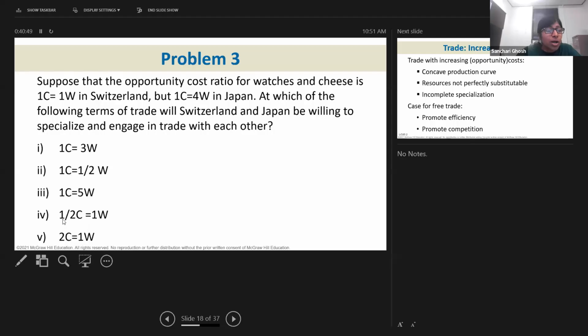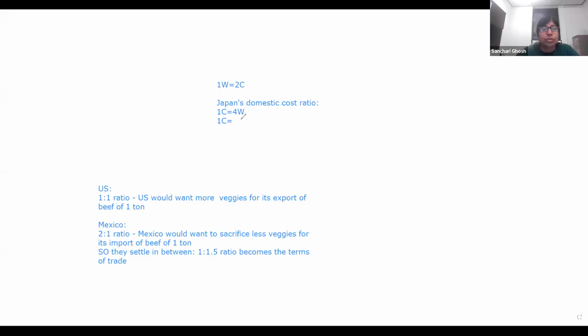I may have interpreted it wrong from that ratio. Sorry, 1 watch equals 2 cheese. So 1 cheese equals half a watch.